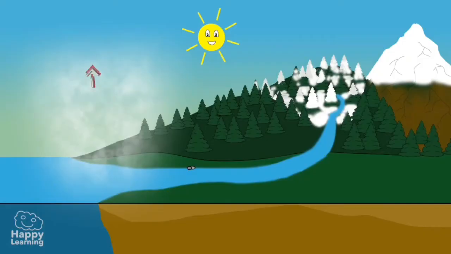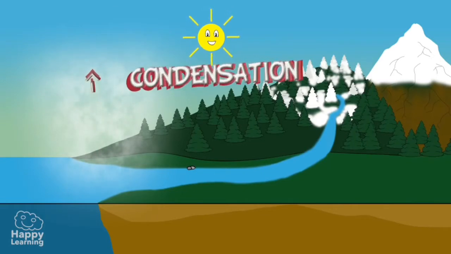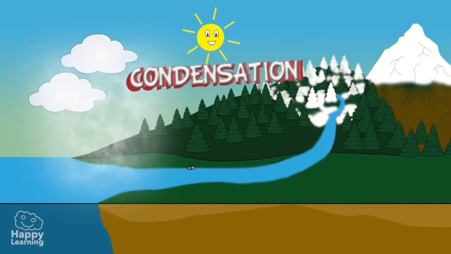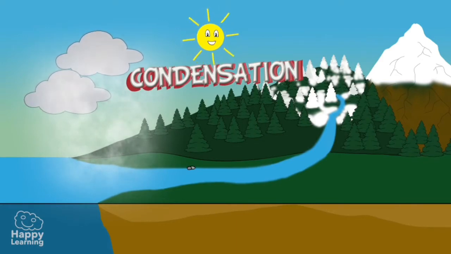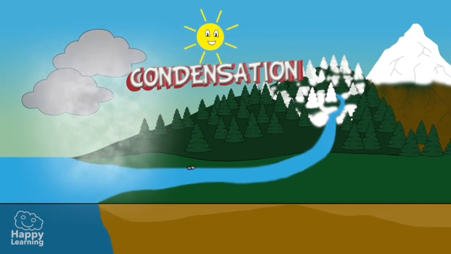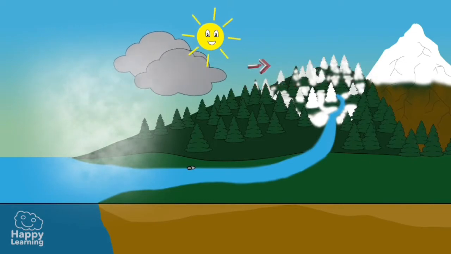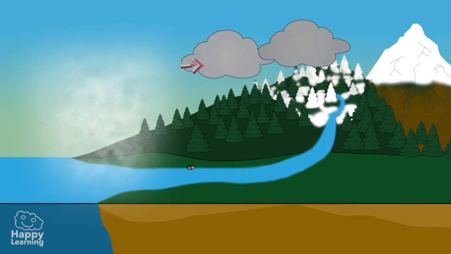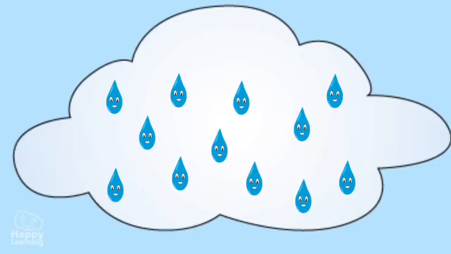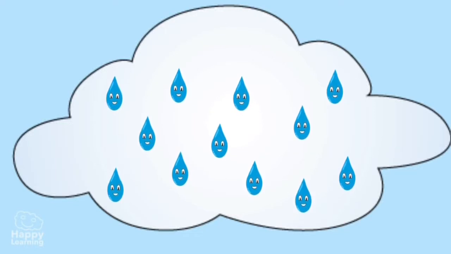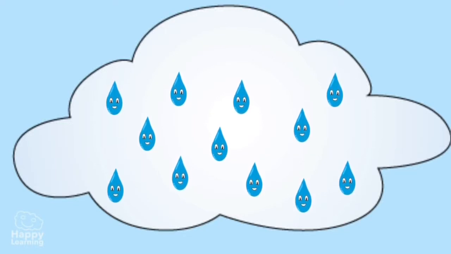The water vapor cools down, condenses, and converts itself to clouds. This is condensation. The clouds which are formed move through winds. These clouds are made up of tiny droplets.